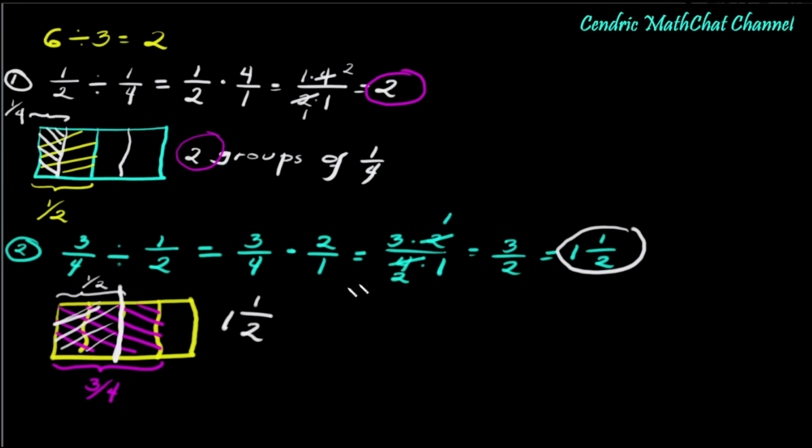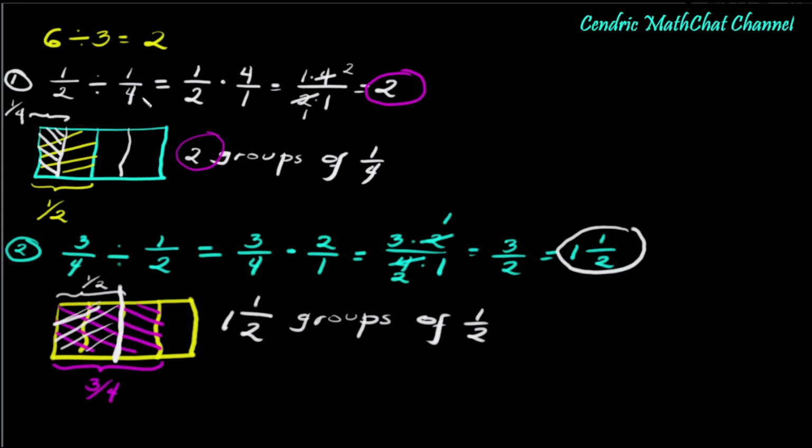Itong 1.5, ang unit is half. Okay? And so we have 1.5 groups of 1/2. So, pag titingnan po natin ulit, 1/2 divided by 1/4 is equal to 2.